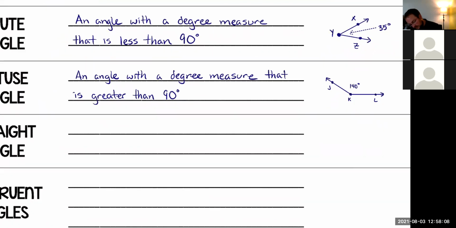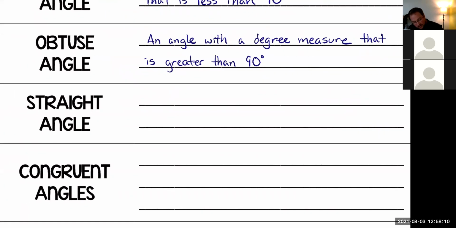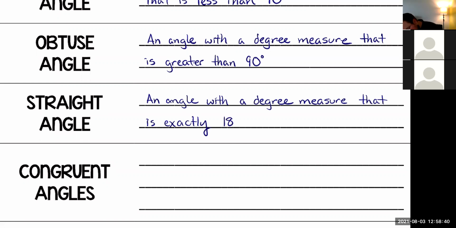Okay. Next one is a straight angle. Now this one's kind of unique. I'll show you why here in just a moment, but it is an angle with a degree measure that is exactly 180 degrees.